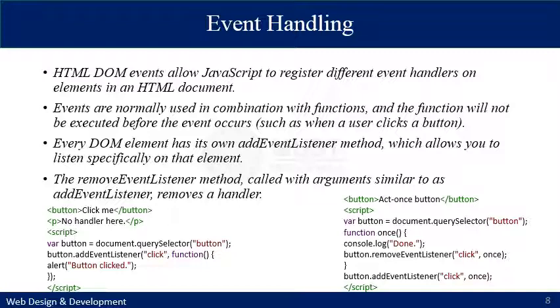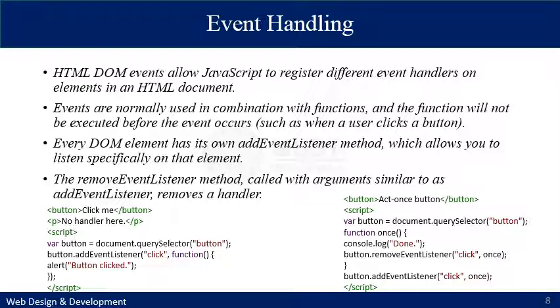It can be done in other ways. Events are normally used in combination with functions, and the function will not be executed before the event occurs, such as when the user clicks a button. So whenever you register an event, you provide a function that will be called to process some request in case the event occurs.